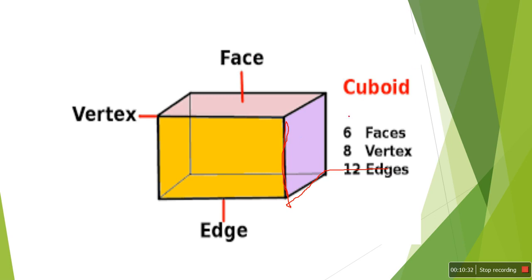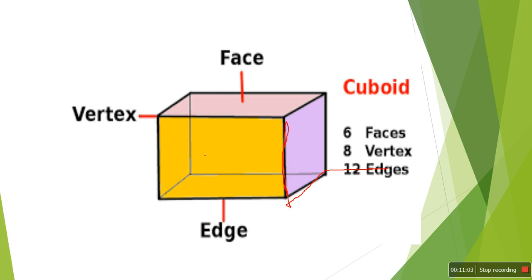So let me count the faces. How many faces are there? Let me count: 1, 2, 3 the below part, 4, and 5 the front part, and the back 6. In a cuboid you will find 6 faces. And let me count vertices. How many vertices are there? 1, 2, 3, 4, 5, 6, 7, 8. There are 8 vertices.